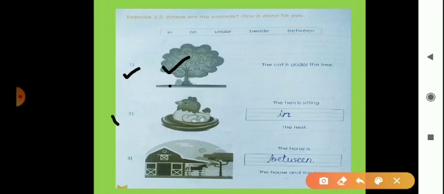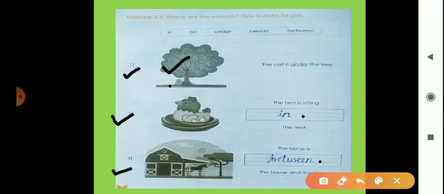Now second, the hen is sitting dash dash the nest. Look here, where is the hen? In the nest. So write in. Now third, the horse is dash dash the house and the tree. So what is here? Between. You have to write the word between here, because this word shows the position or place of the horse.